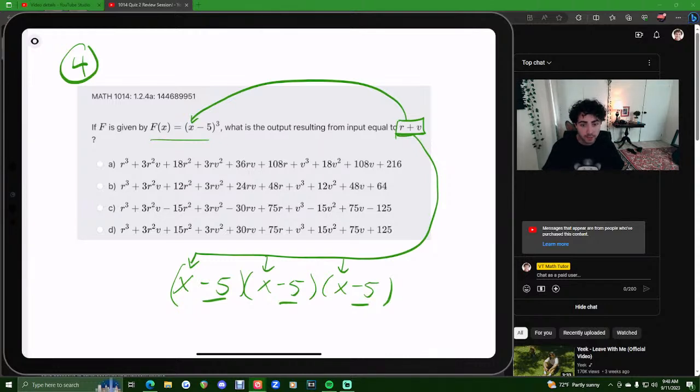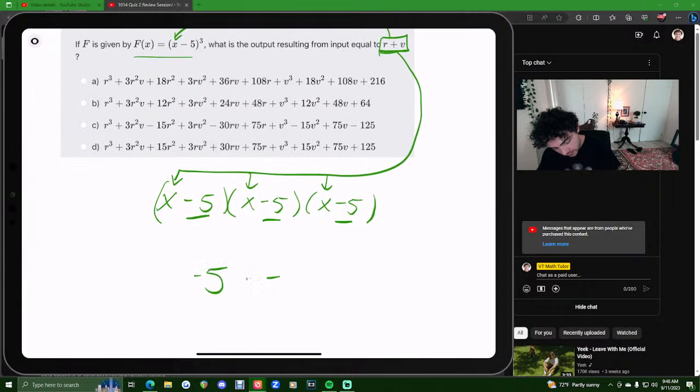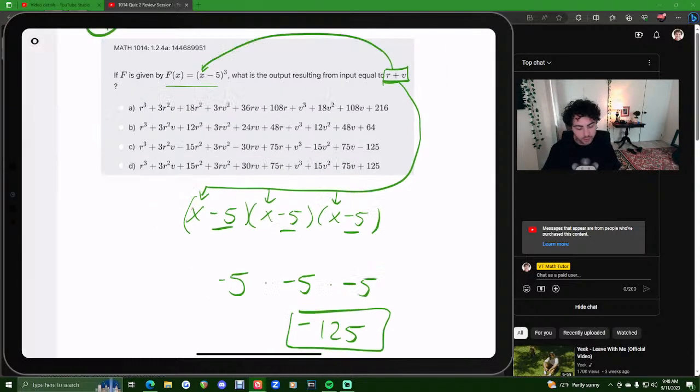If you multiply 3 negative 5s together, which you would eventually do, negative 5 times negative 5 times negative 5, what you would get is a negative 125.